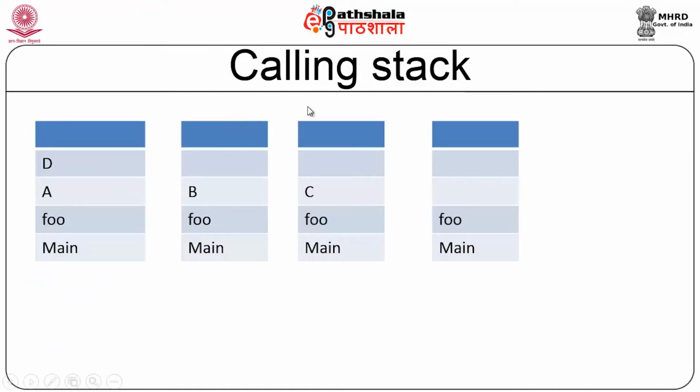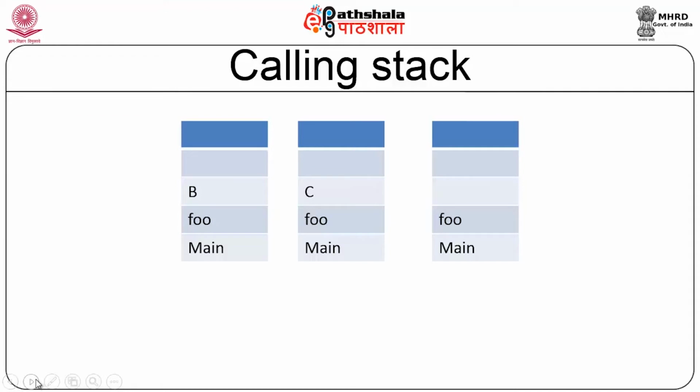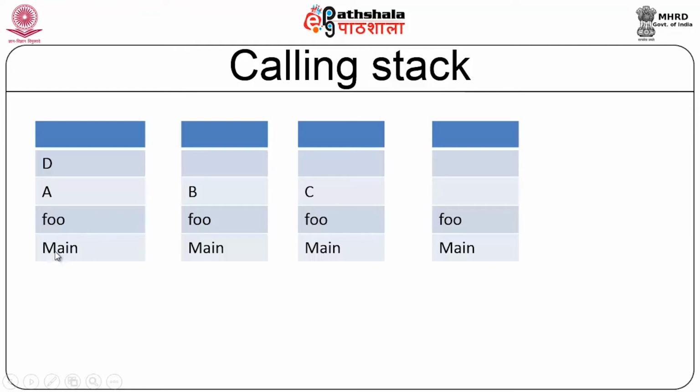Now, this is the stack of table pointers. The first thing is that main will be there in the stack; the symbol table pertaining to main will be in the stack. Then, when main is calling foo, the address of the symbol table pertaining to foo will be added to the stack. Once A is called, the symbol table pertaining to A is added to the stack, and when D is called from A, its symbol table address is also added to the stack.